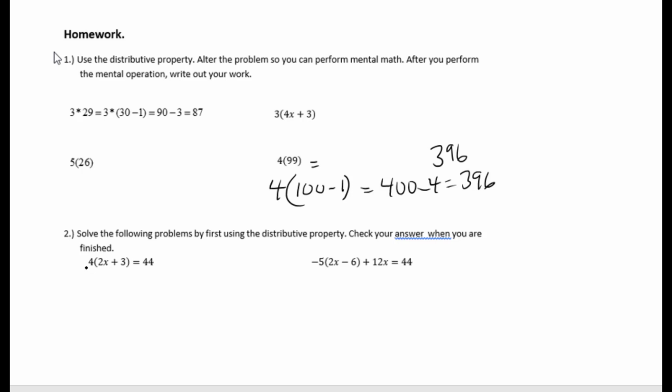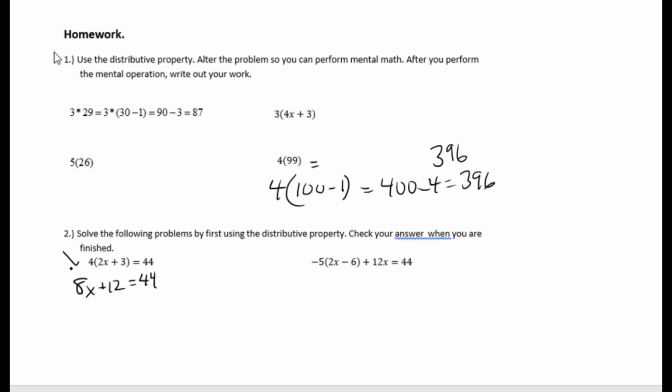I think importantly, maybe I better just do this one to make sure you've got it. This is 4 times 2 x's, which is 8 x's, and then 4 times 3, which is 12, and that equals 44. Now, there's two things you can do here. Divide by 8, right, to get 1x, or subtract 12.